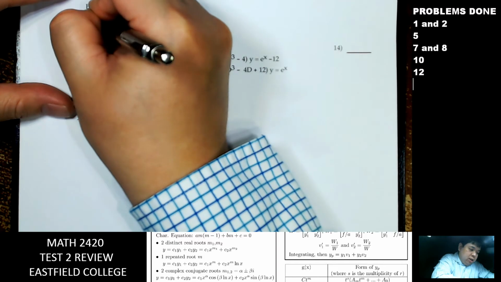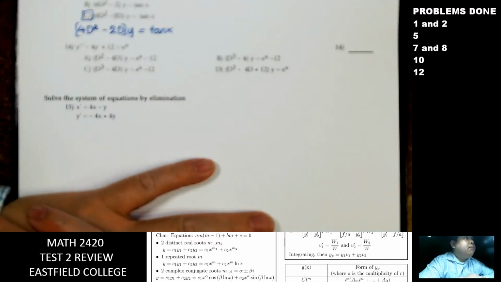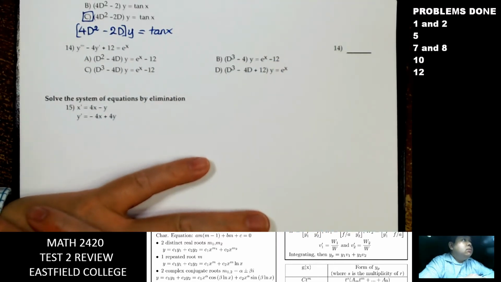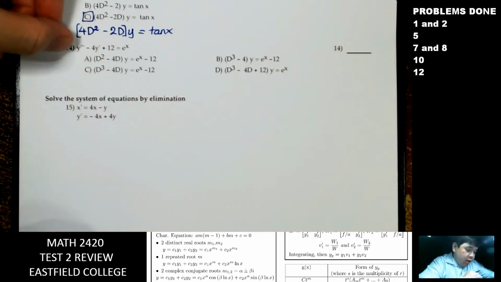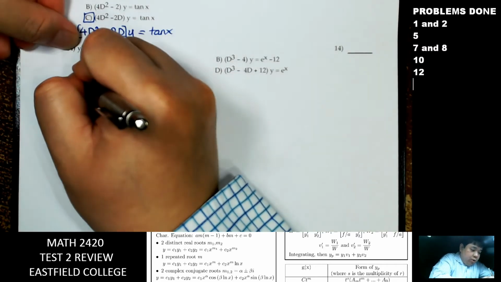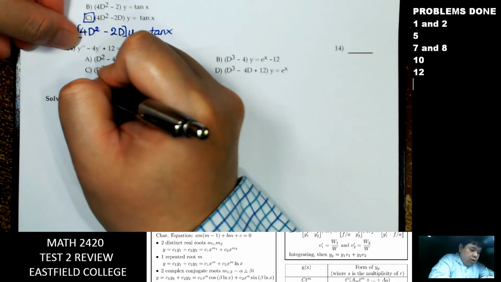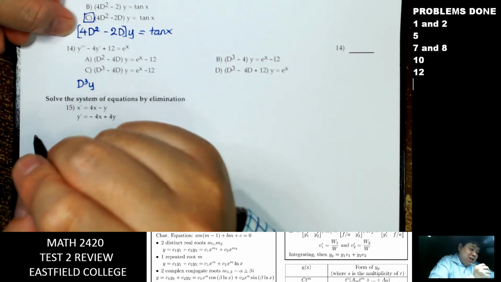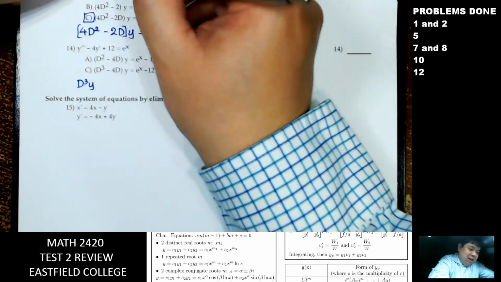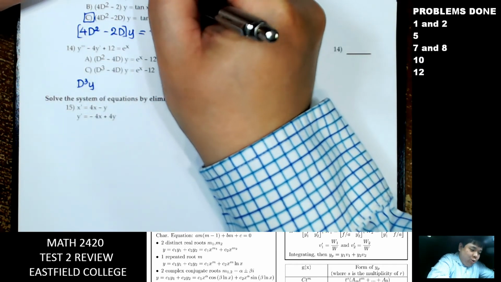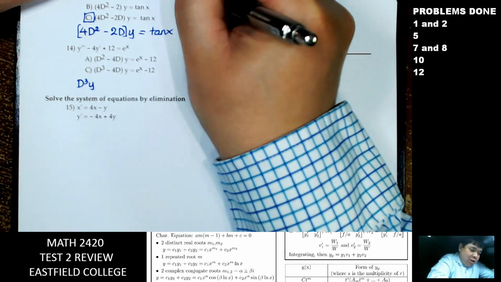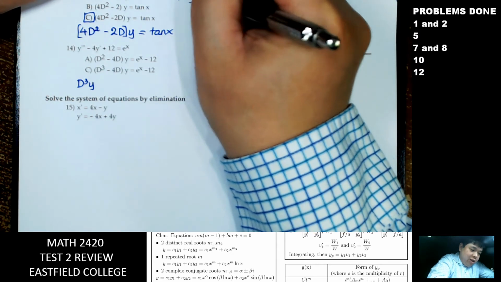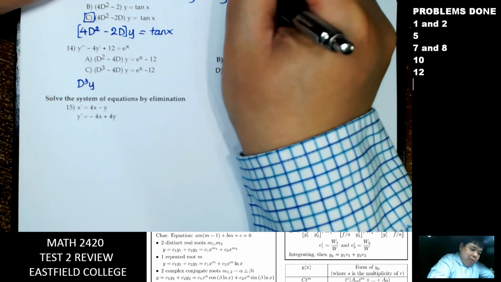So that's pretty much this. Next, the third derivative is going to be d cubed of y. I should have done that in the first step. So let's do that again: 4d squared y minus 2dy equal tangent x.